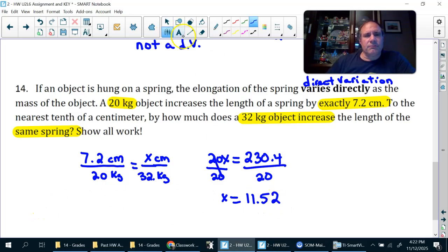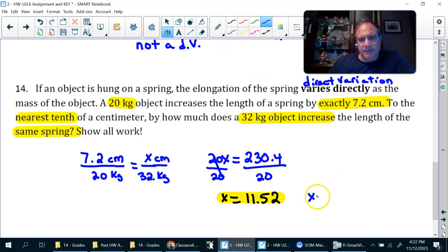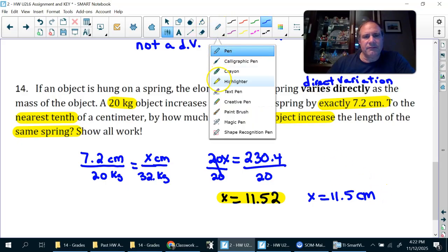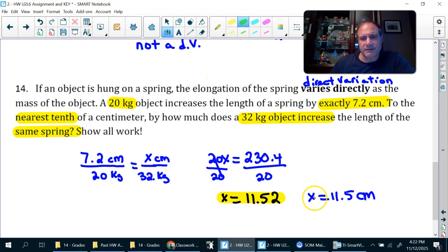All right, so we have this right here, but it says nearest tenth. So x equals 11.5 centimeters. And that is your final answer to the nearest tenth.